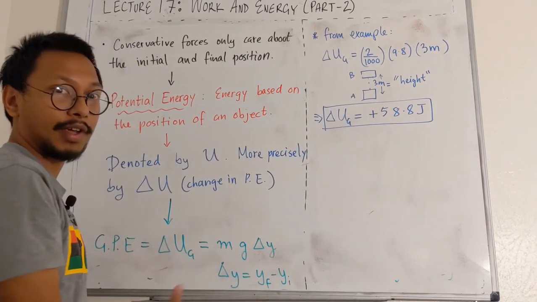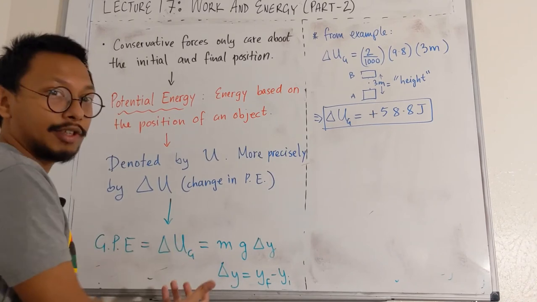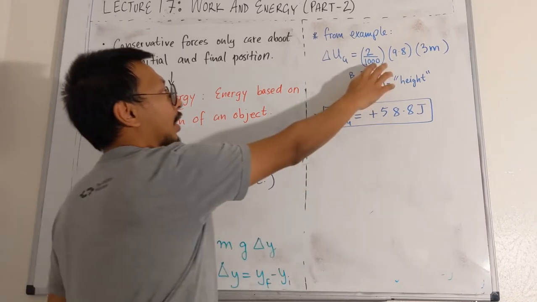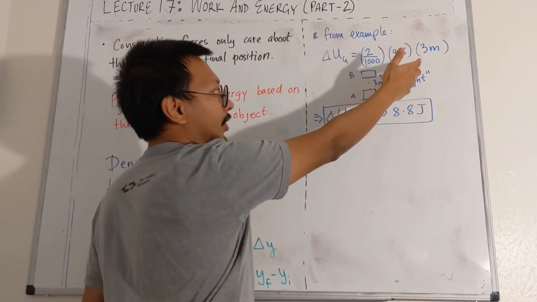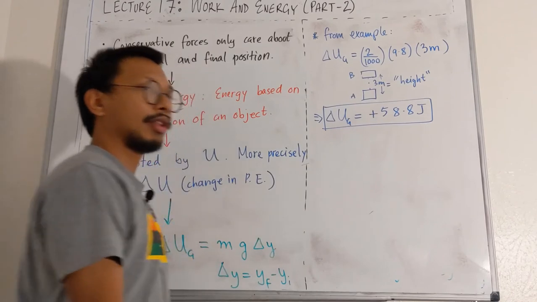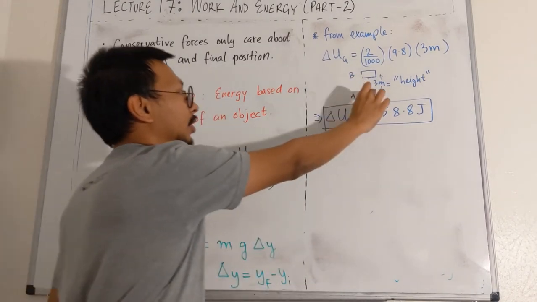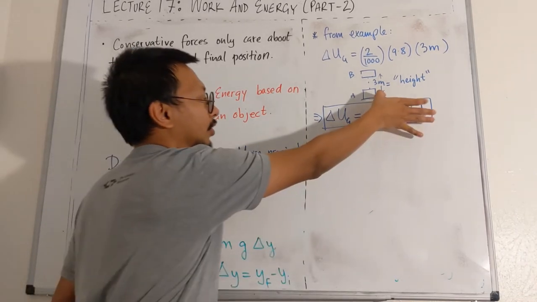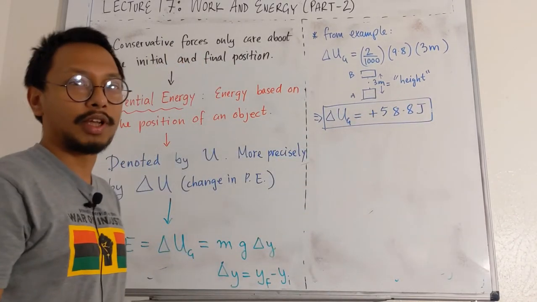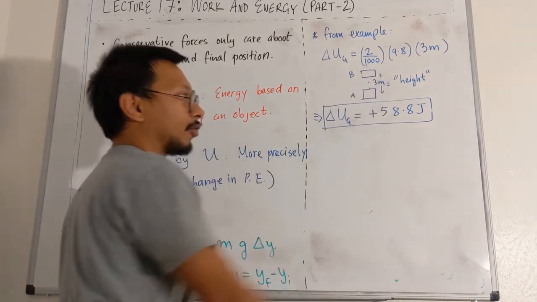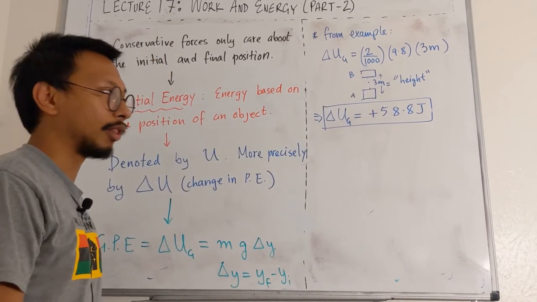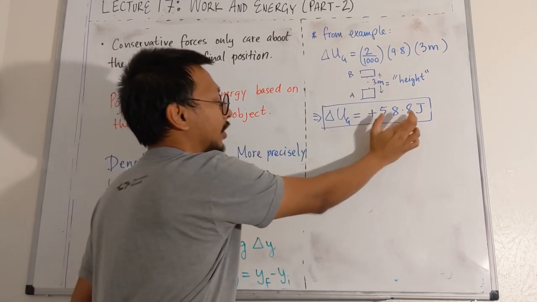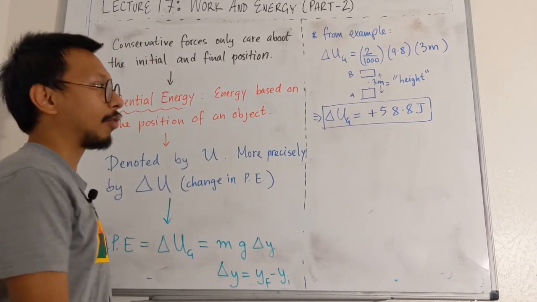Remember, all of these must have SI units so that the energy comes out in joules, the SI unit for energy, times g, which is 9.8 meters per second squared, times 3 meters, which is the height or the y displacement, yf minus yi. You can consider yi to be 0, the starting point, and yf to be the final point, which was 3 meters. If we calculate that, we will see that it is a positive 558.8.